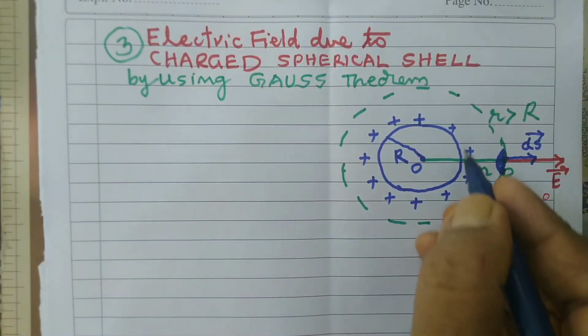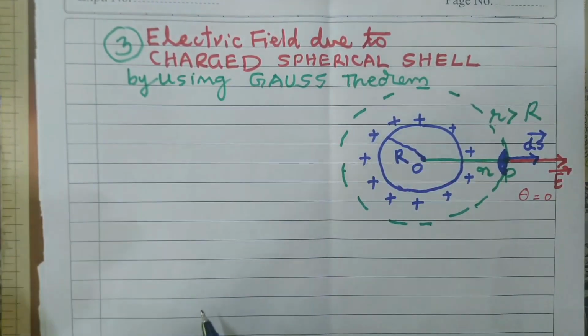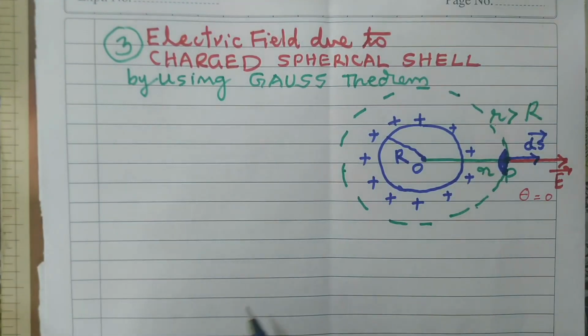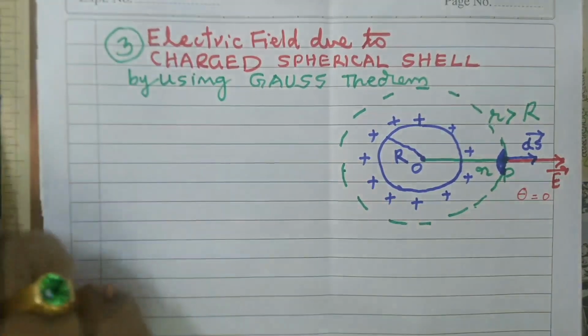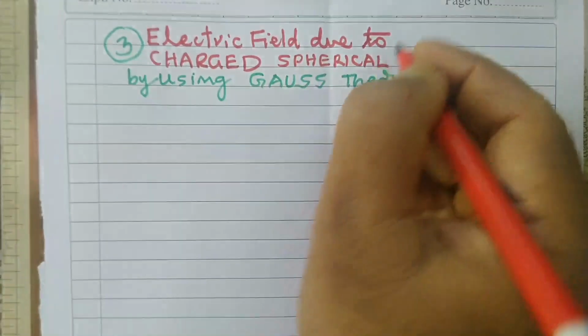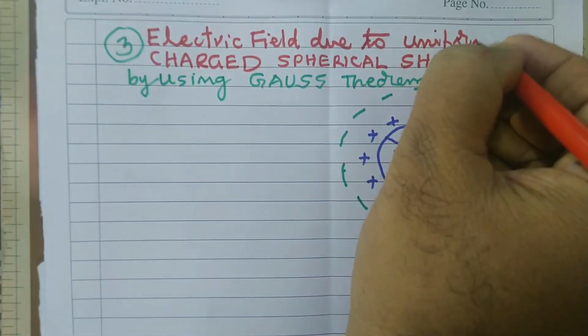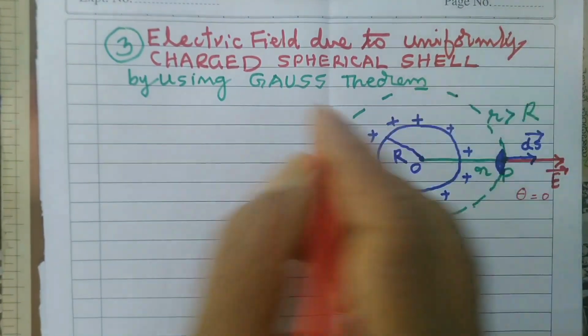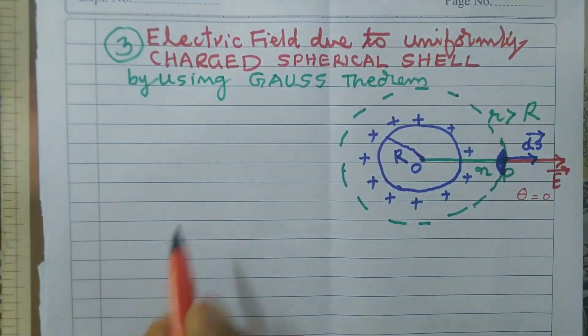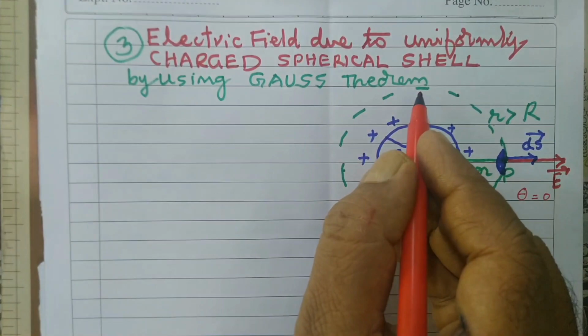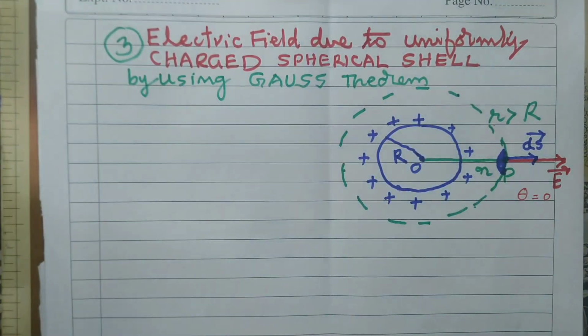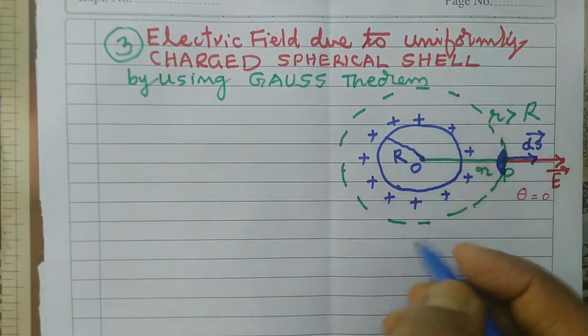Once again, quickly I repeat it. Observe carefully. Our aim is to find the electric field due to a uniformly charged spherical shell by using the Gauss theorem. This is the third application. First, we consider a shell here.